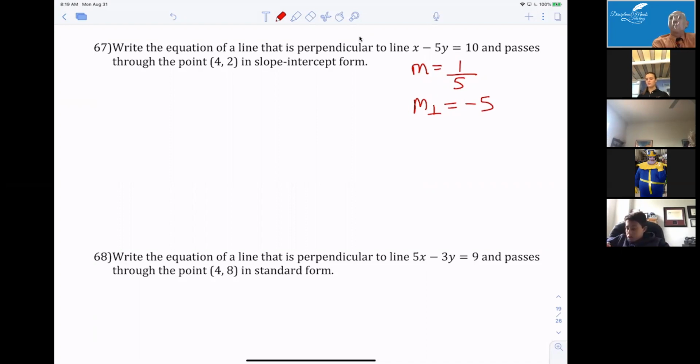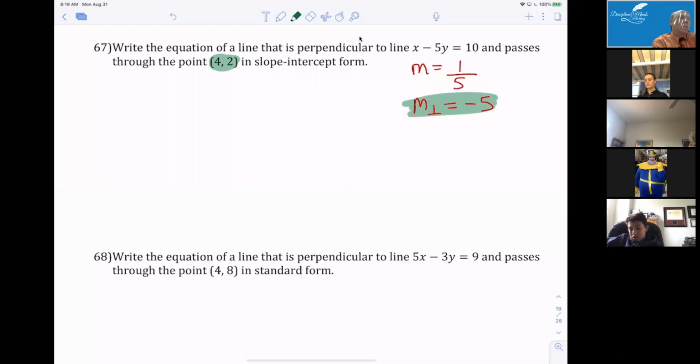And now we're going to choose what form? Point slope. Why do we choose point slope? Because we have a point and a slope. So everybody should be able to quickly write that. Who's going to write it real quick?